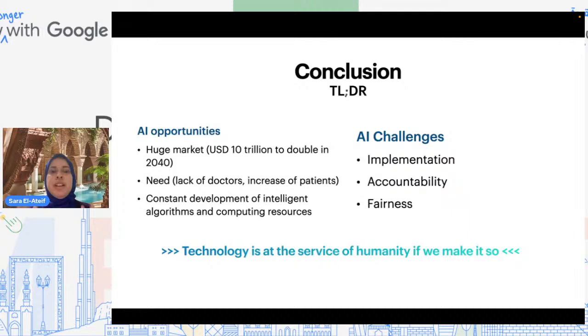And that means we will have to develop ways and come up with new algorithms that will help overcome things like accountability, fairness issues, bias issues. So we need to come up with new ways to make AI into our service.